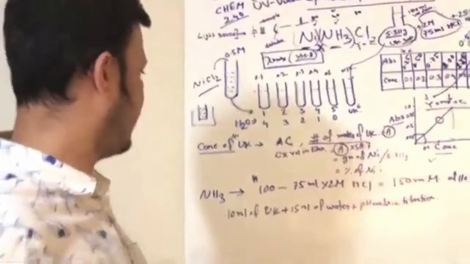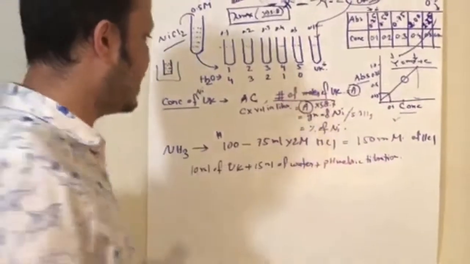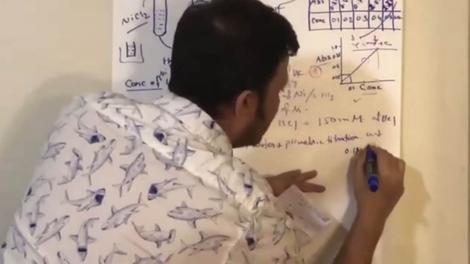What will be the pH here? It will be acidic. So pH metric titration with 0.1 molar sodium hydroxide.